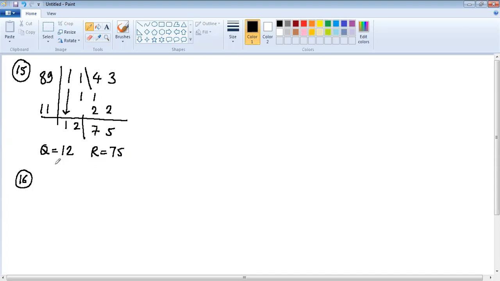Question number 16 is square. Square of 1089. So here you can use base method of squaring only.